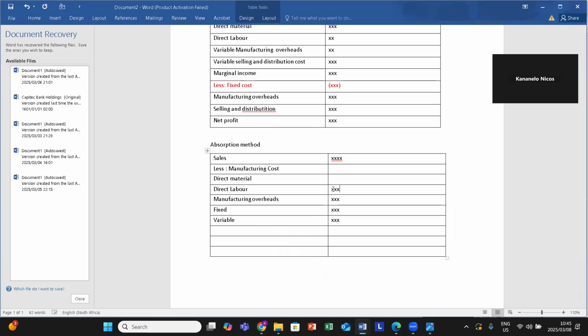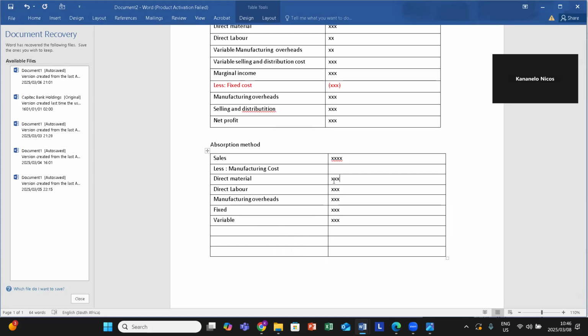So you can clearly see that the manufacturing cost is basically the costs that we incurred in order for us to produce a certain item. To produce a certain item, we are going to incur our direct material, our direct labor, and also our overheads. But our overheads are segregated between the fixed ones and the variable ones. The fixed ones all remain the same regardless of the production. An example of a fixed manufacturing overhead is rent.